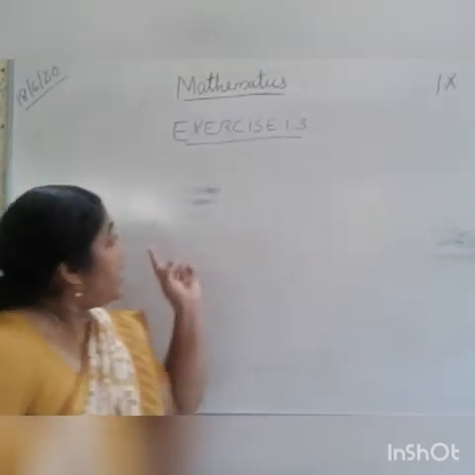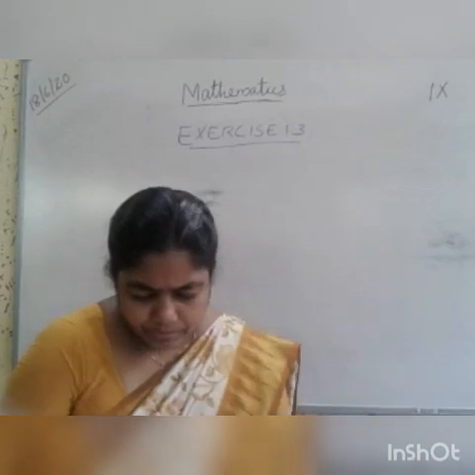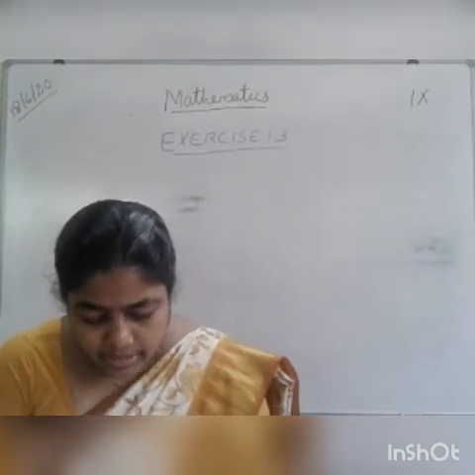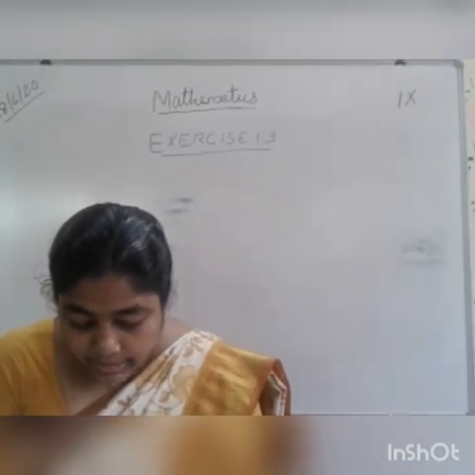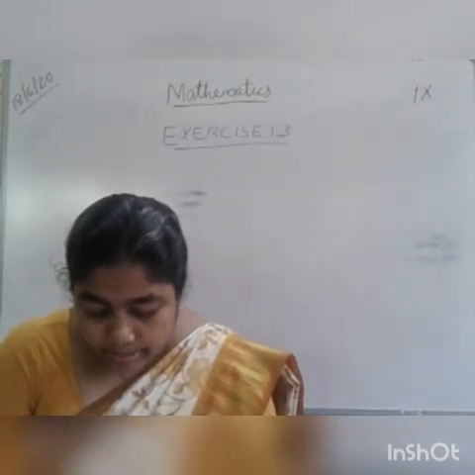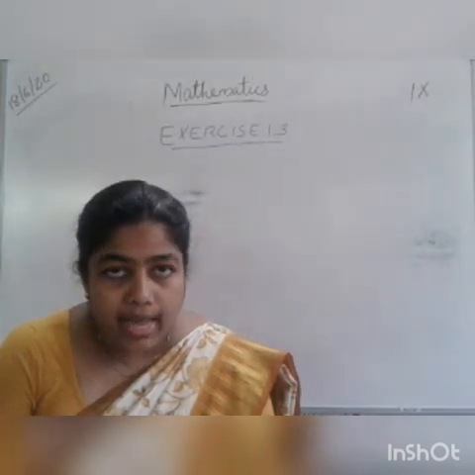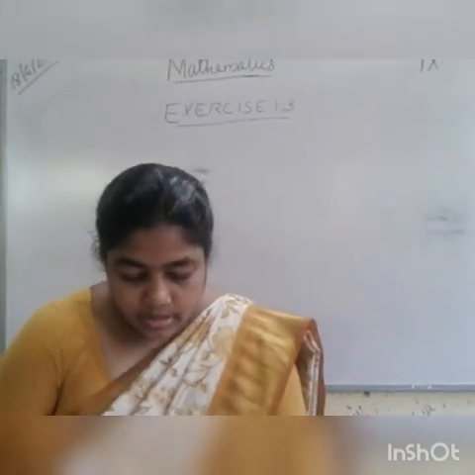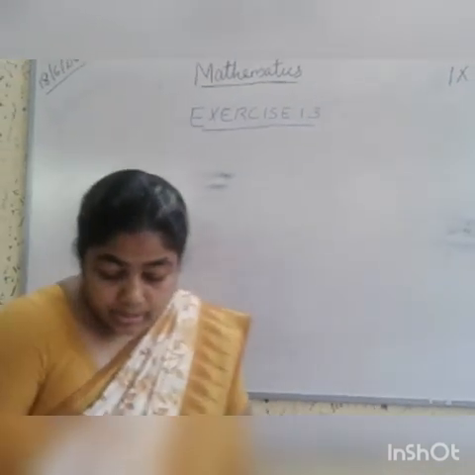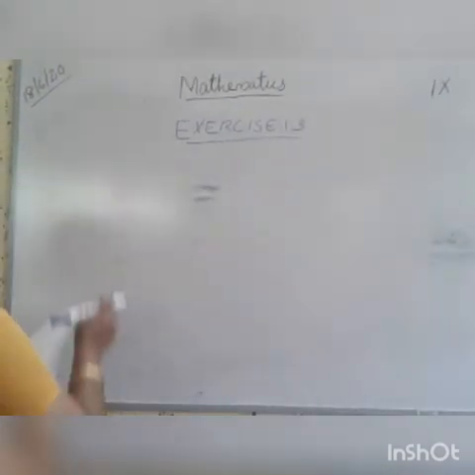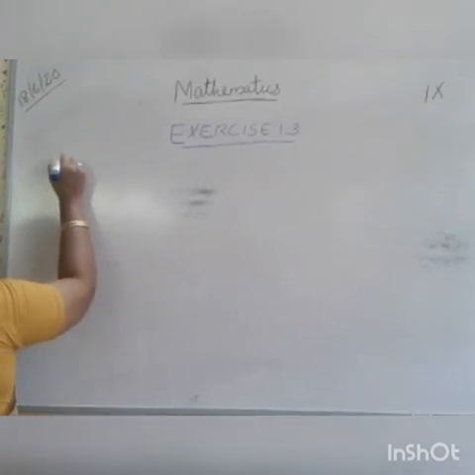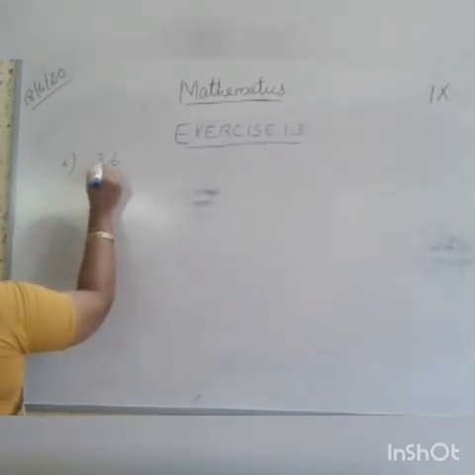All of you write exercise 1.3. First question: write the following in decimal form and say what kind of decimal expansion each has. Question number 1 has 6 subdivisions. Number 1, 36 by 100.